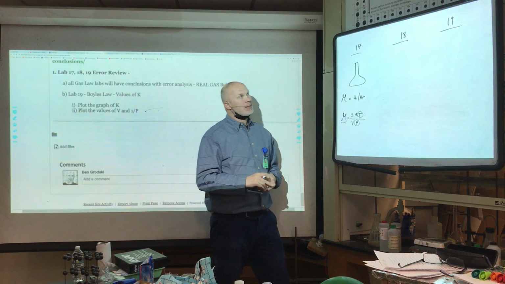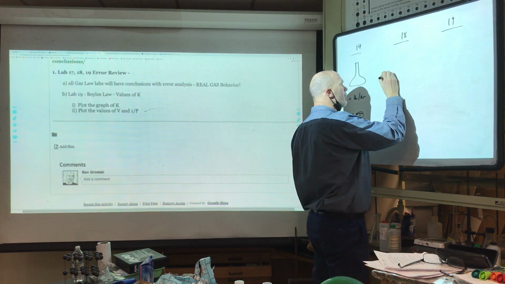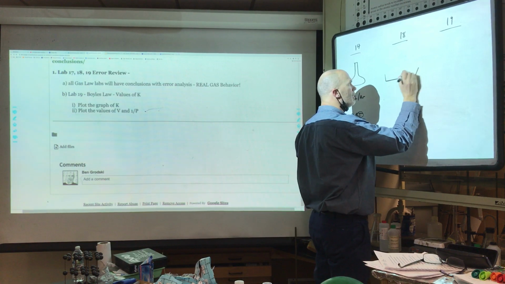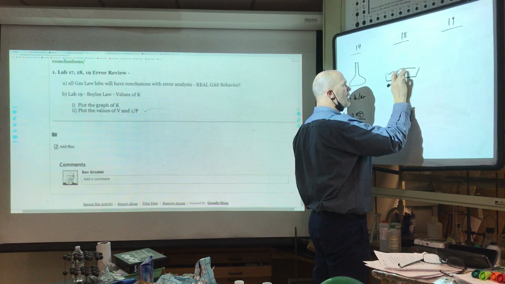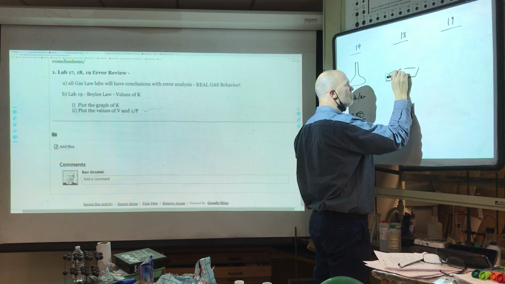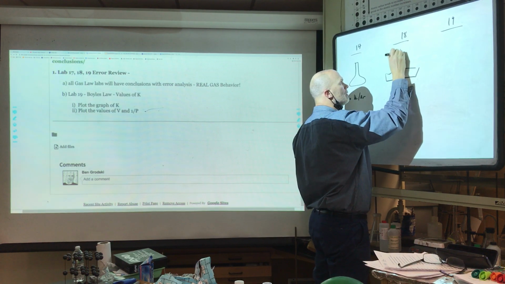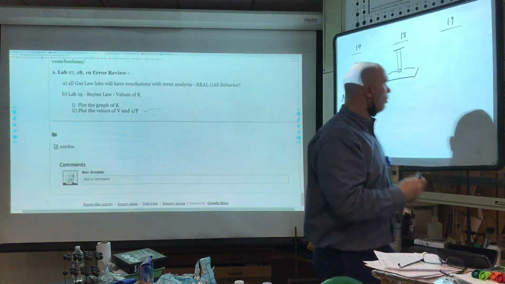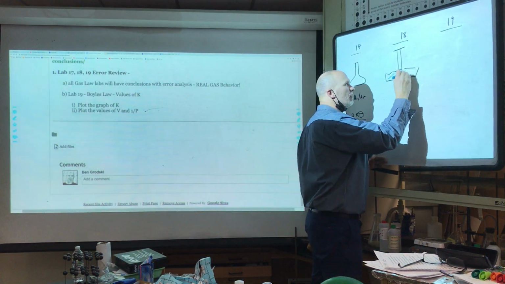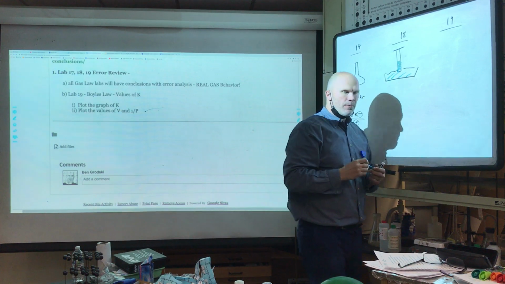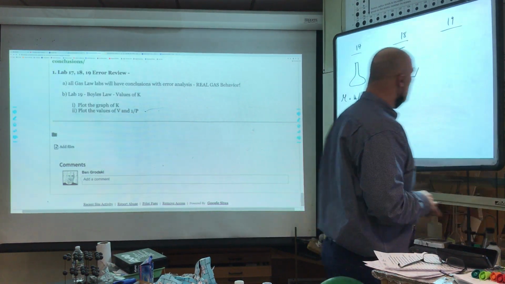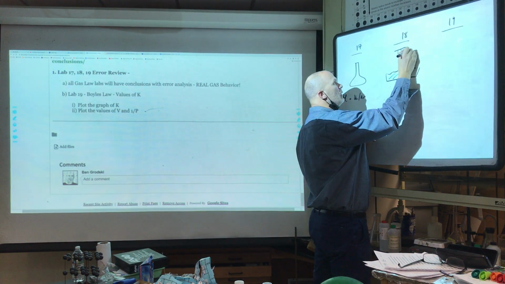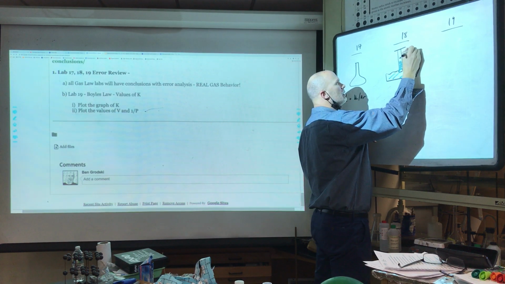In lab 18, we collected a gas by water displacement. And if you remember, we used a graduated cylinder upside down. And if you remember, there was going to be some water here. Okay. And we collected butane.